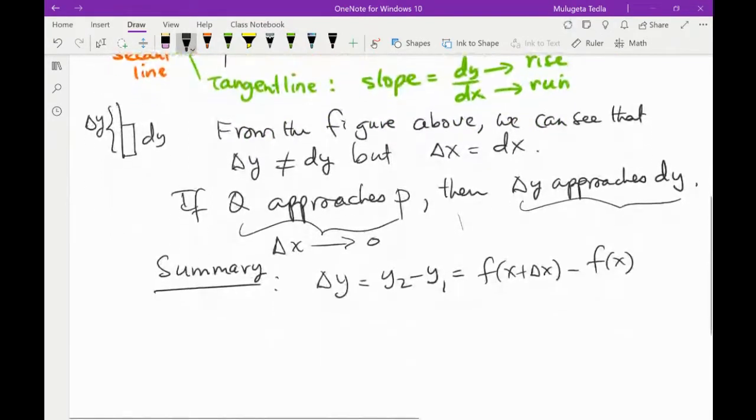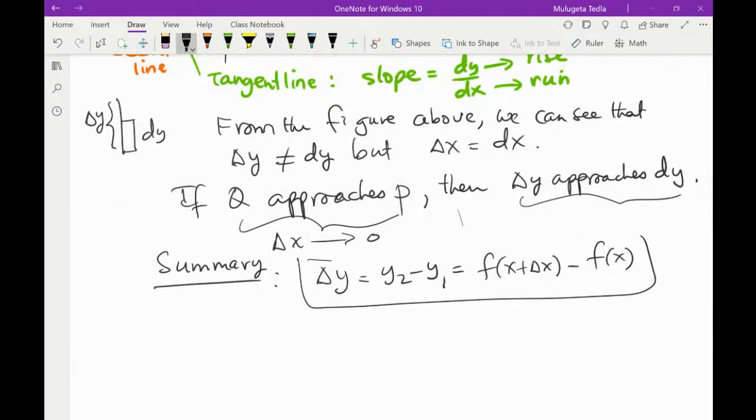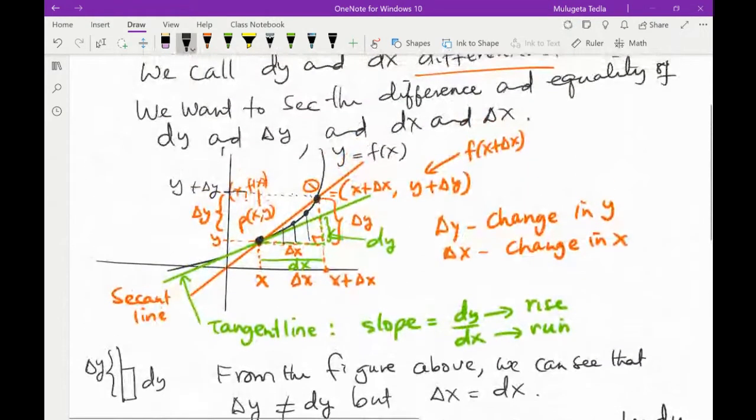That's what it is. Delta y means nothing but the difference of the y values of 2 points. Here is a y value, here is a y value. If we subtract them, we get delta y. This means f of x plus delta x, and this means f of x. So the difference of the two.